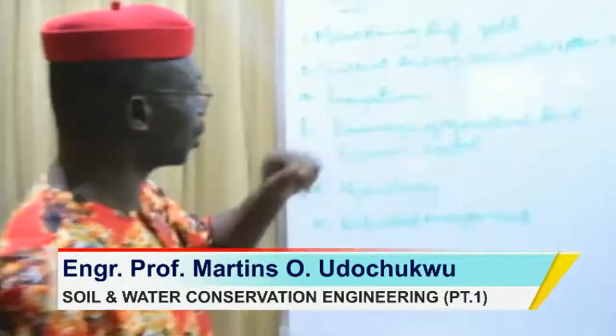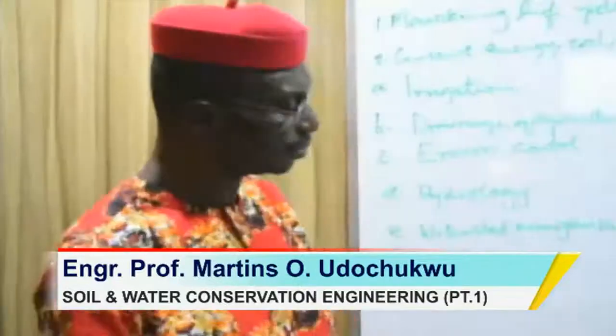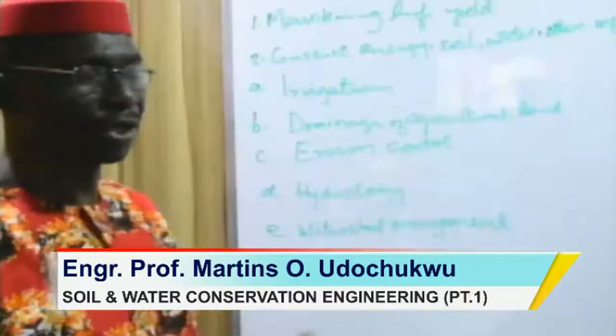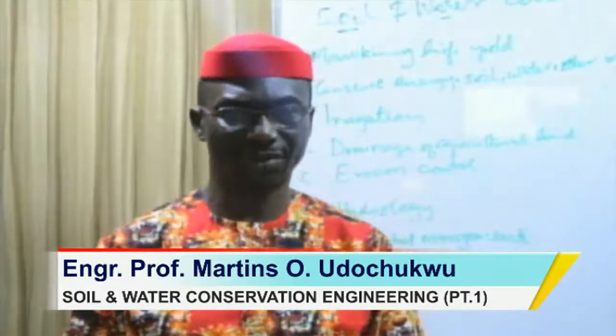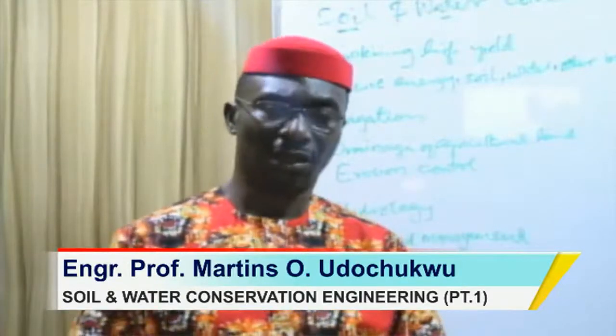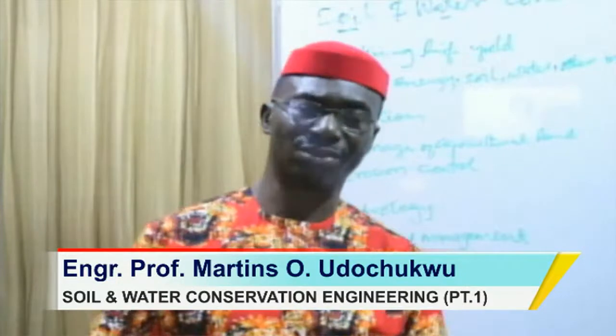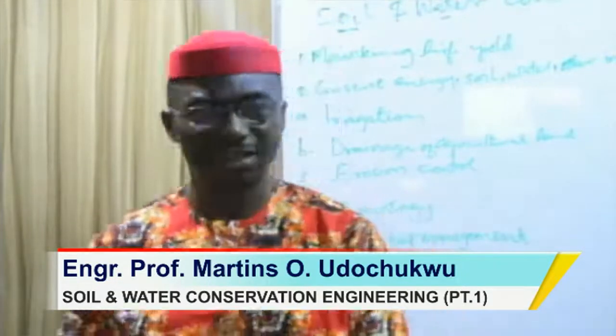But now let us talk about irrigation. Irrigation is the application of water to the soil to provide the needed moisture for plant growth. The irrigation can be total irrigation and it can be supplemental irrigation.